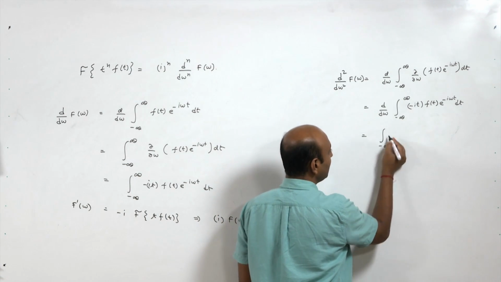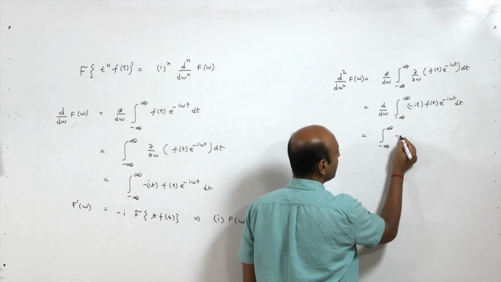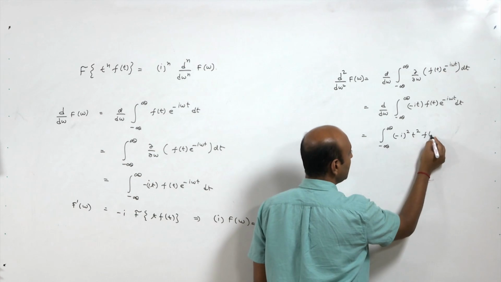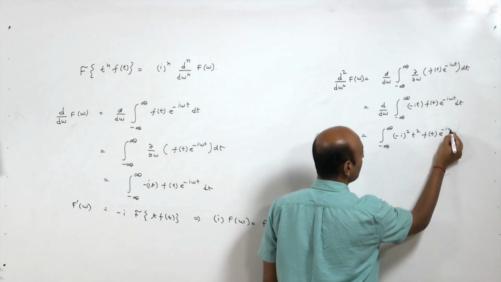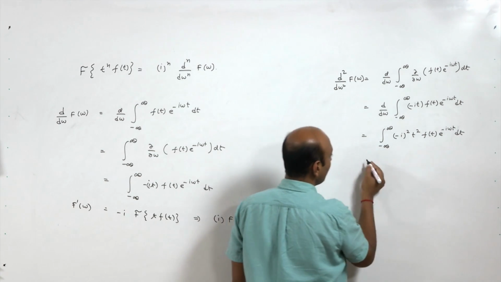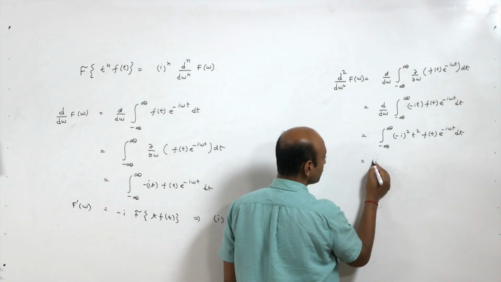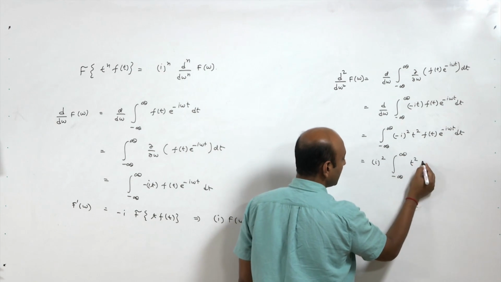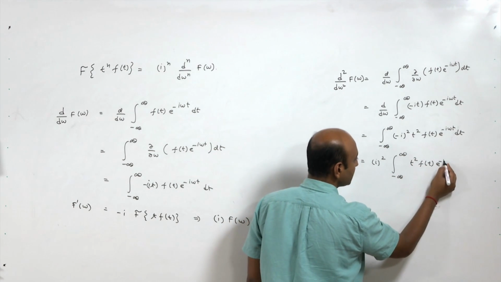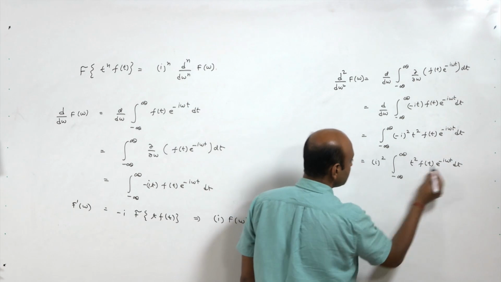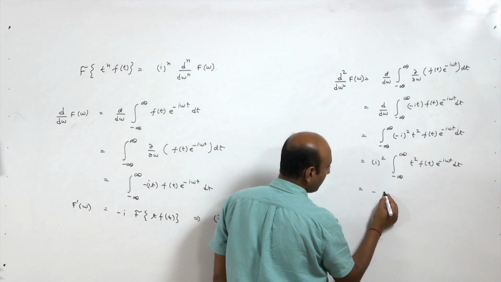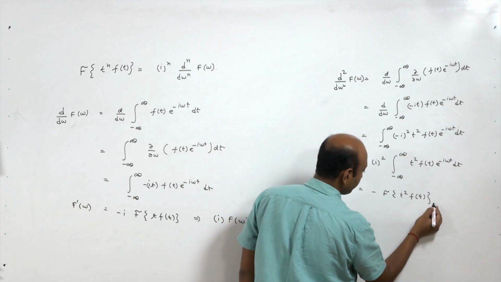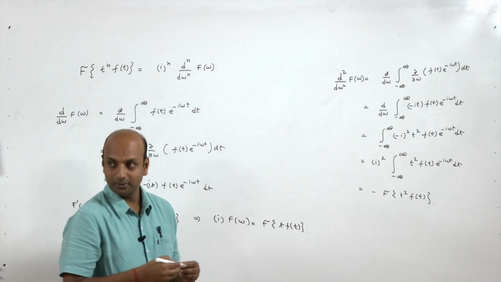the integral from minus infinity to plus infinity, it is minus iota square t square f t e to the power minus iota omega t dt, which is iota square times the integral from minus infinity to plus infinity t square f t e to the power minus iota omega t dt, and this is nothing but minus the Fourier transform of t square f t.